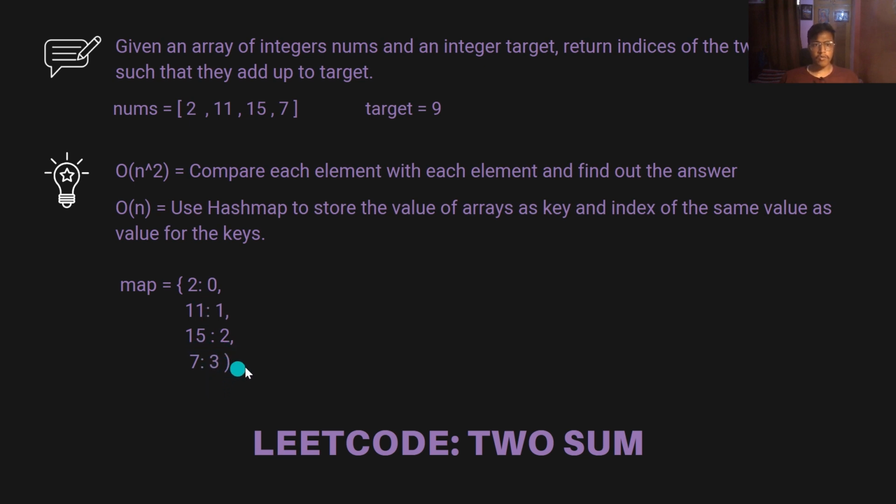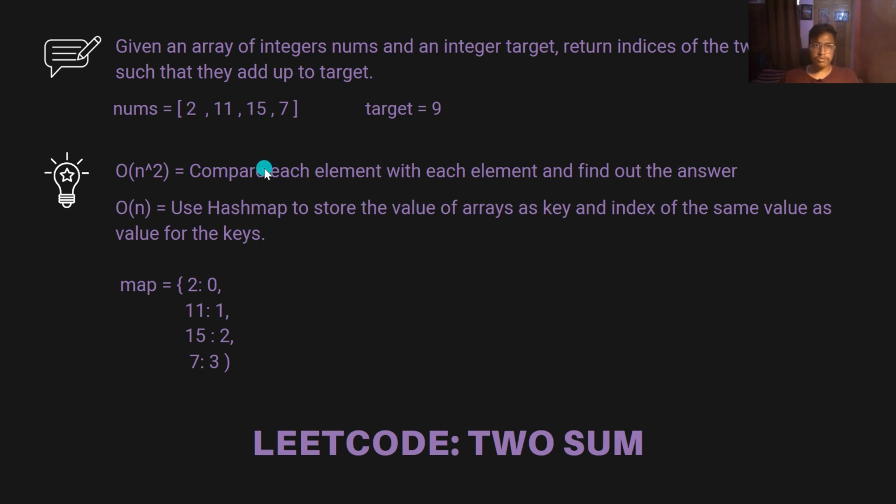Now, why do we want this? From the equation itself, two values add up to the target. For example, 2 plus 7 is equal to 9, so 9 minus 2 would equal 7.